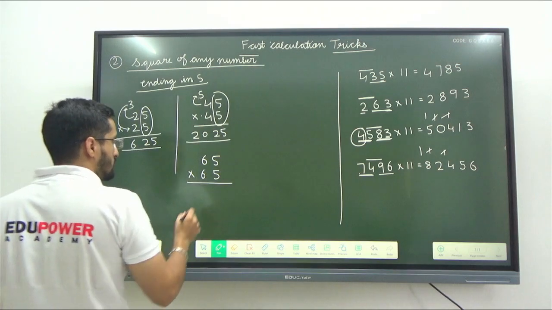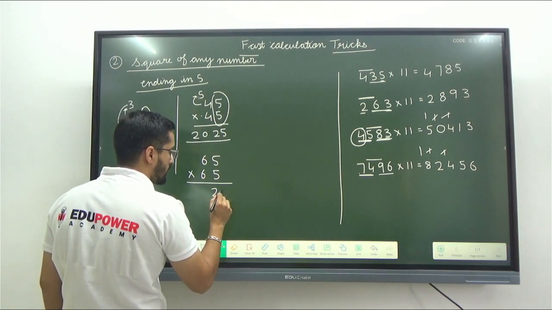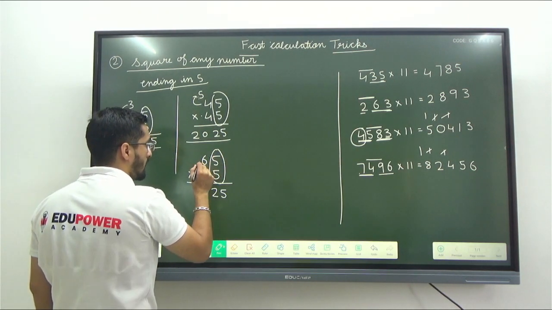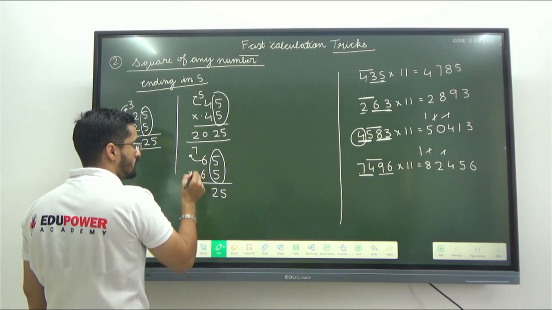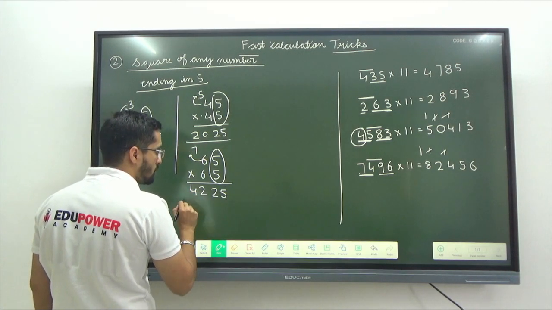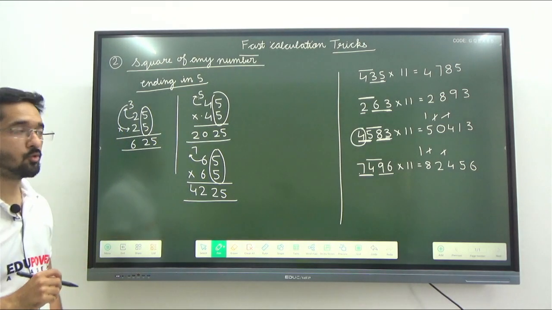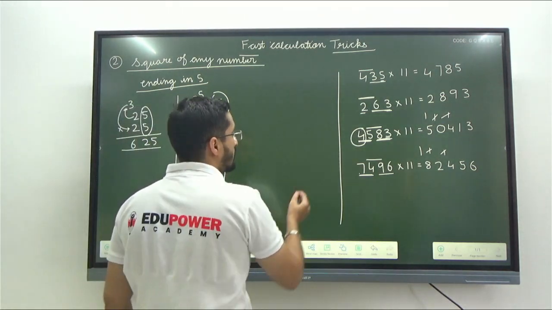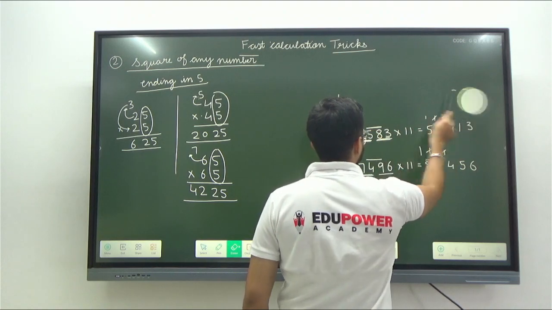Yeah, answer is 5 into 5, 25, and 6 plus 1 is 7. 7 6s are 42. Right? 4225.